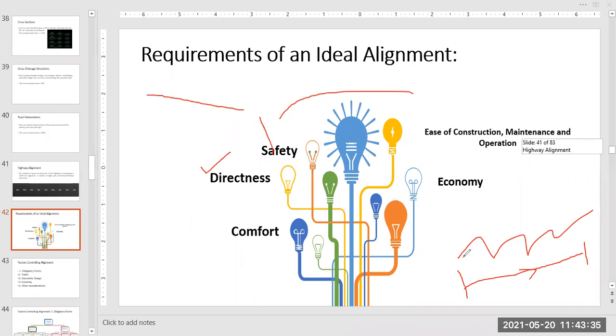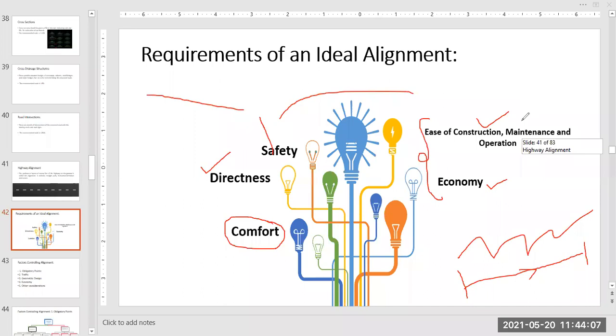I have also discussed that when the road is safe and direct, it can also ensure comfort to the drivers. Now, these are all from the driver's point of view. The second thing we are going to talk about is the engineering point of view. Engineering deals with construction and economy. So construction and economy should go hand in hand with what?